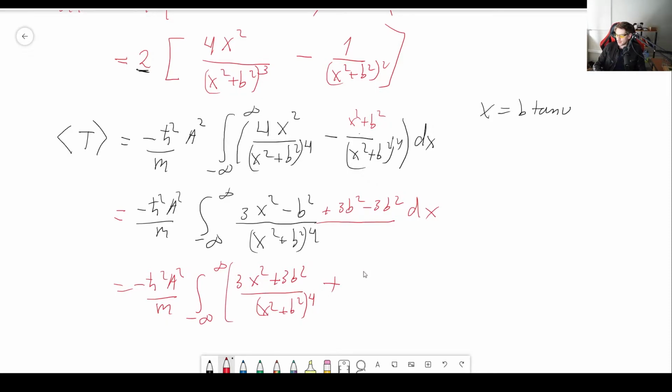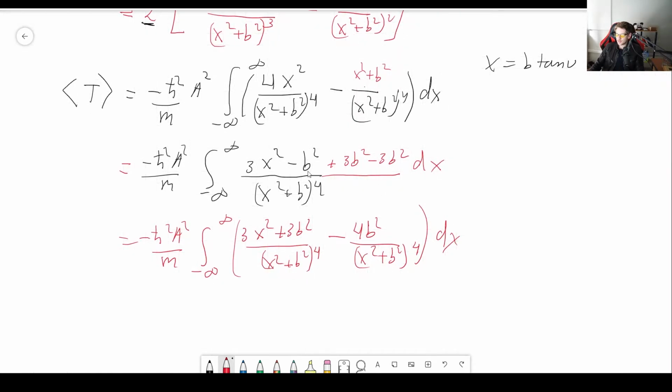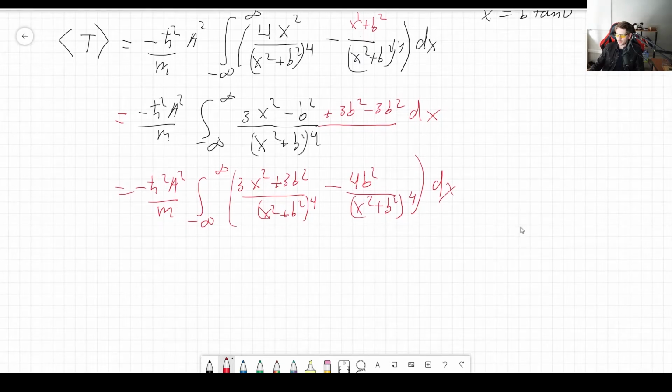And that one is going to have all these remaining b's, which is actually going to be minus 4b squared over x squared plus b squared to the fourth power. Just double checking. Yeah, that's fine. Okay.